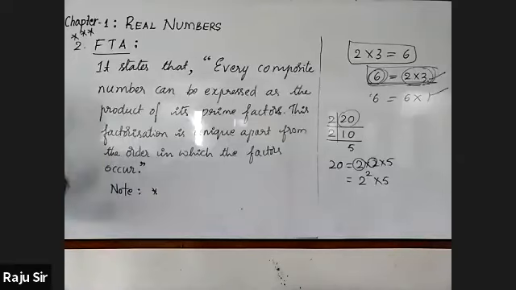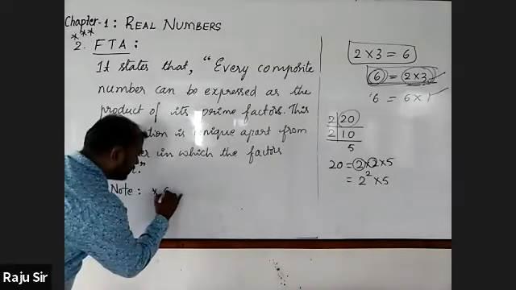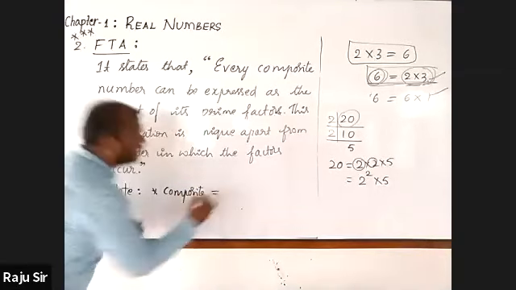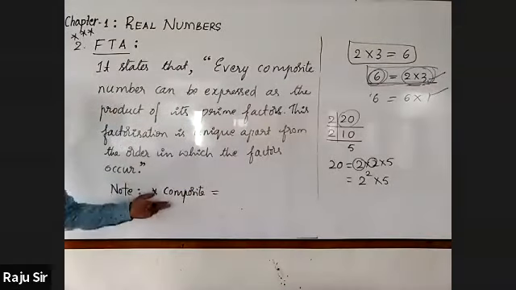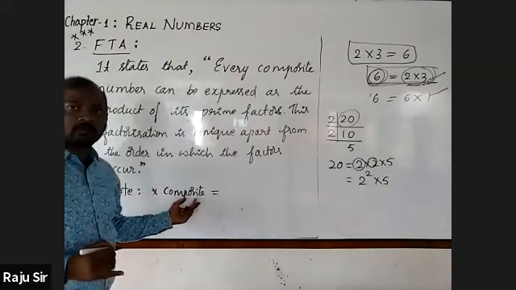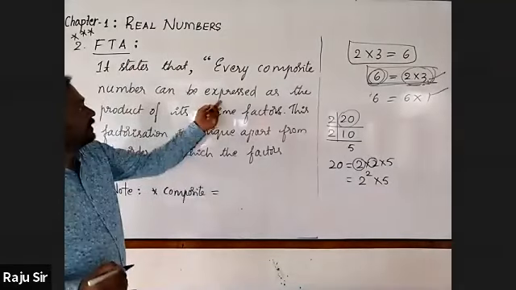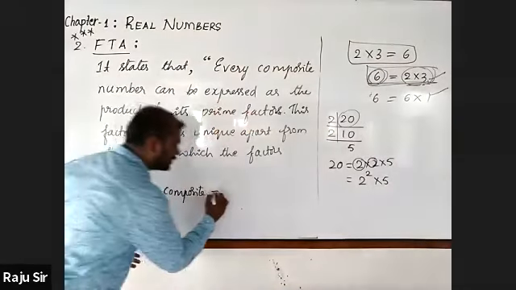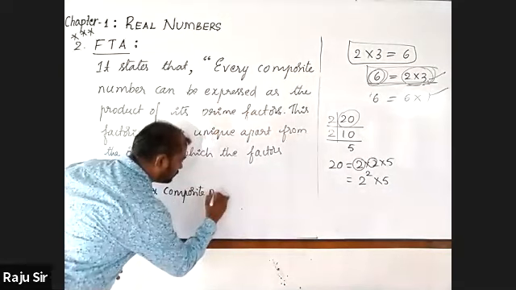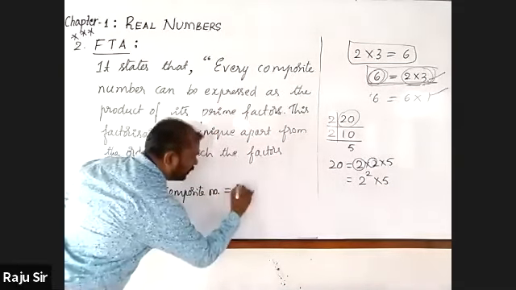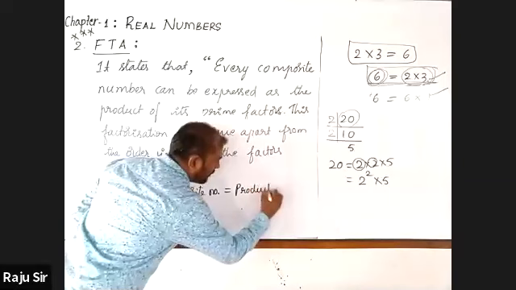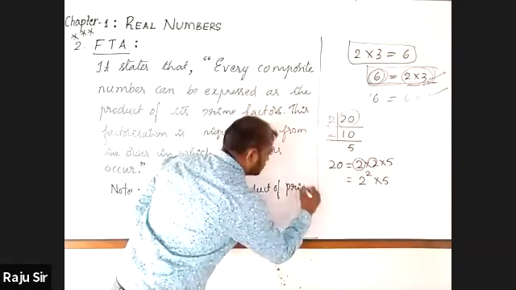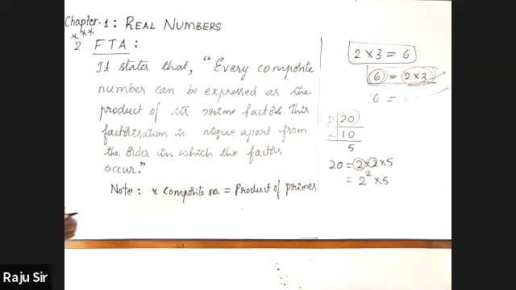The first point is the statement in short form: composite number is equal to product of primes.